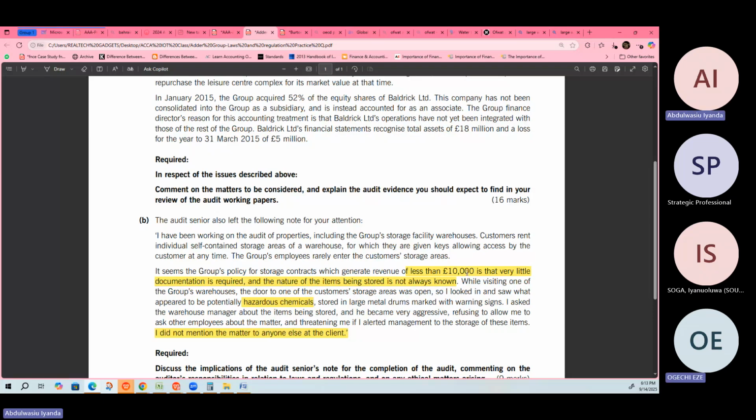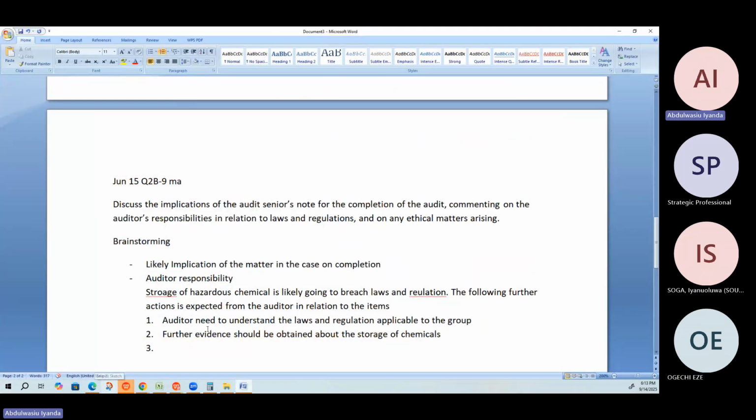Even if the guy says that, it's not really affecting my client. So you can also write, just like we mentioned earlier, what is the implication for the financial statements.